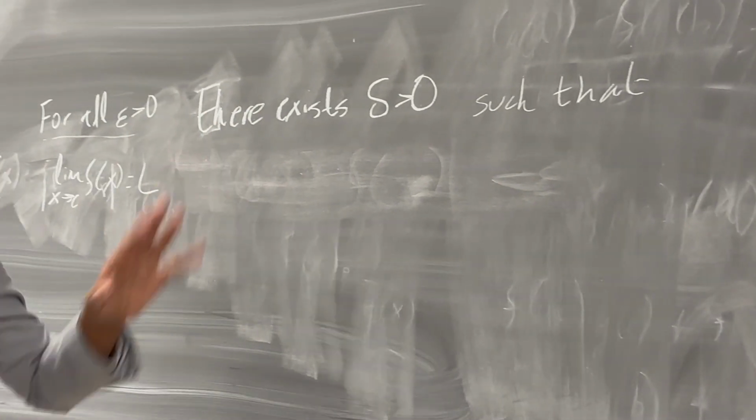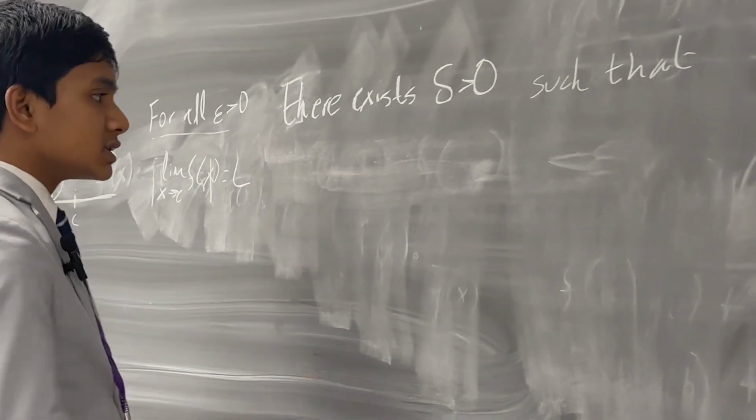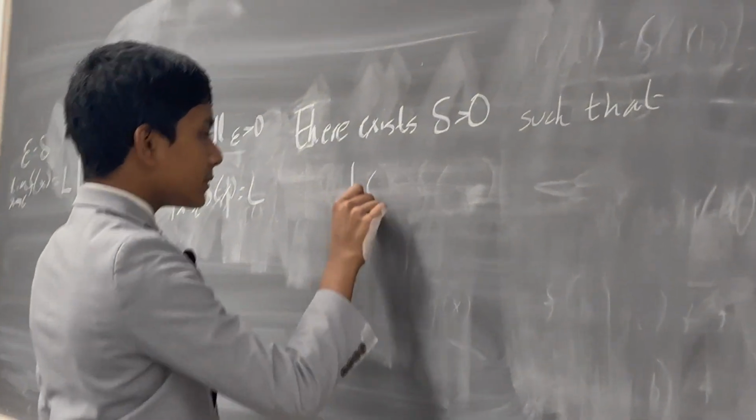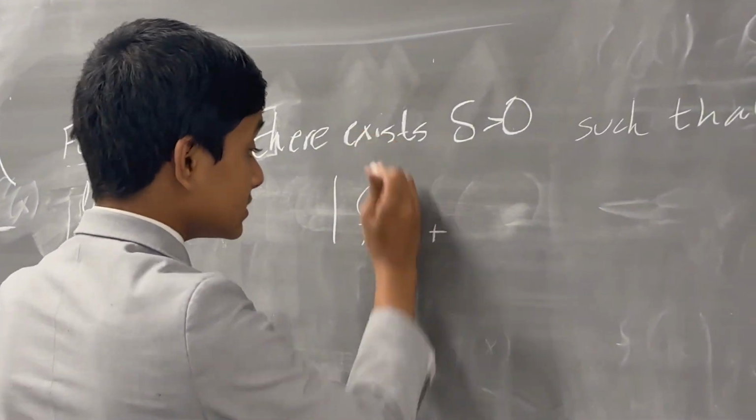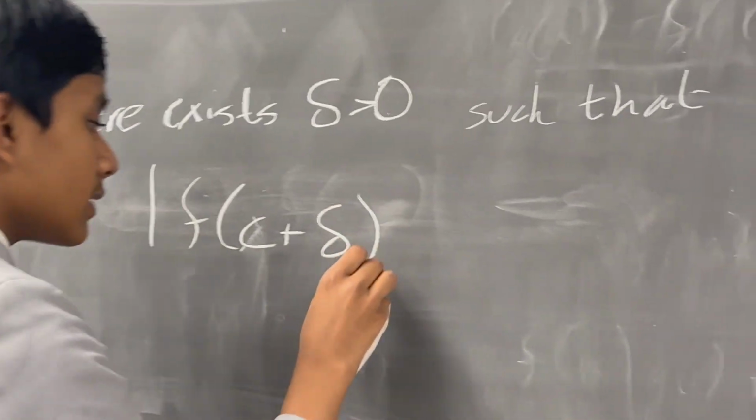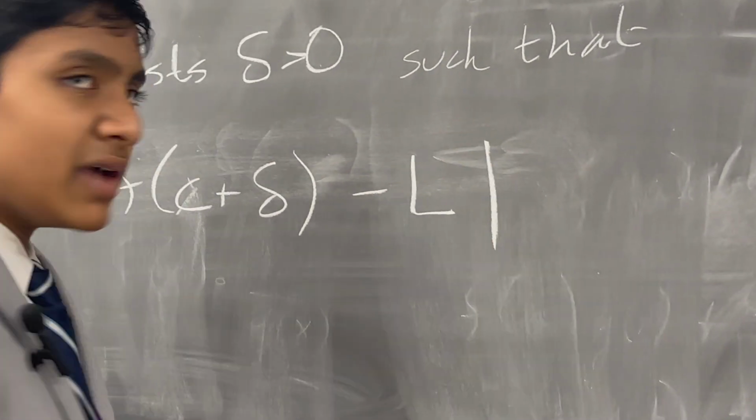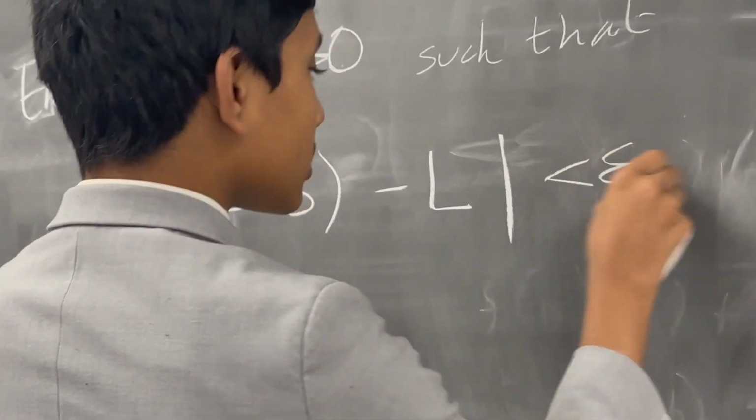There exists a delta greater than 0 such that the distance between f of x, for x within delta of c, and the limit L is less than epsilon.